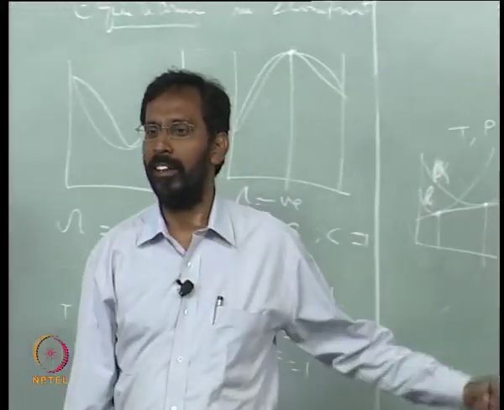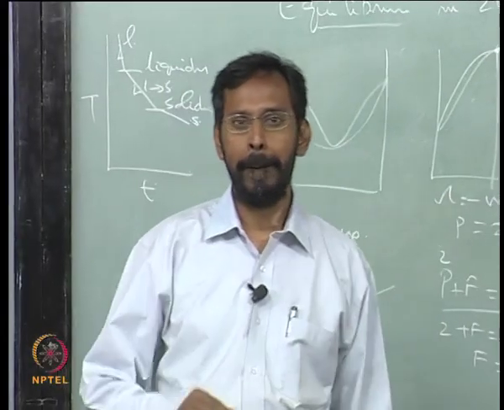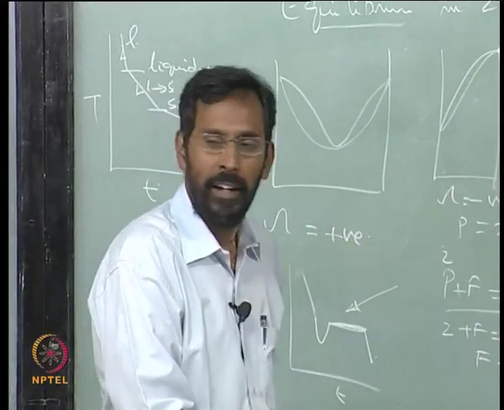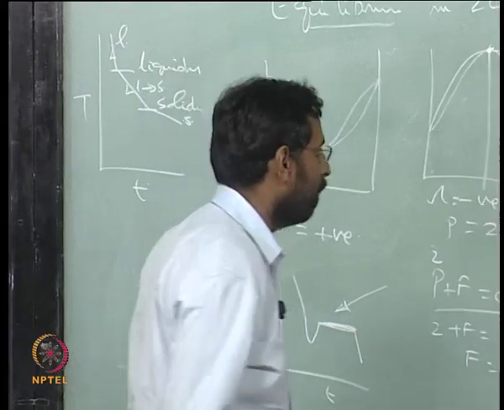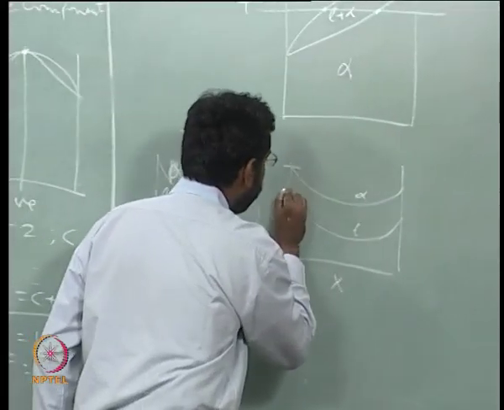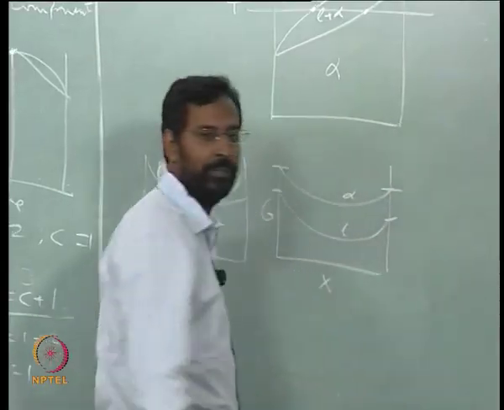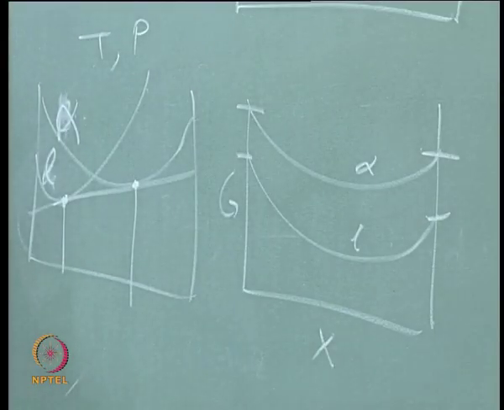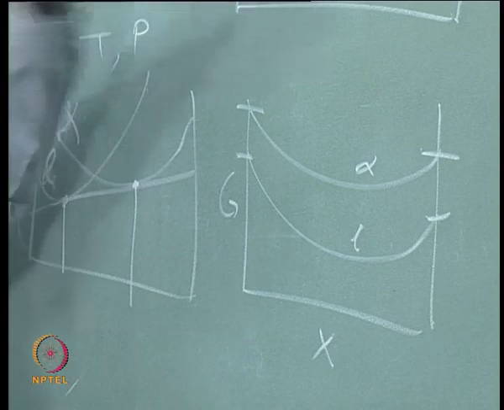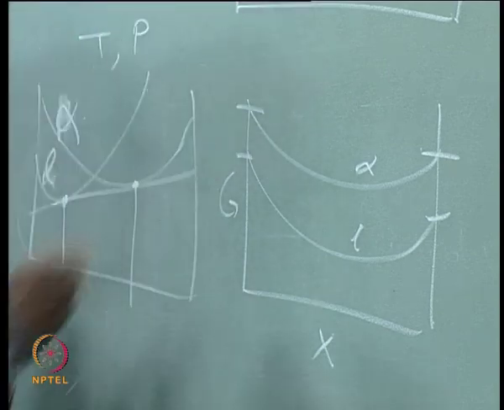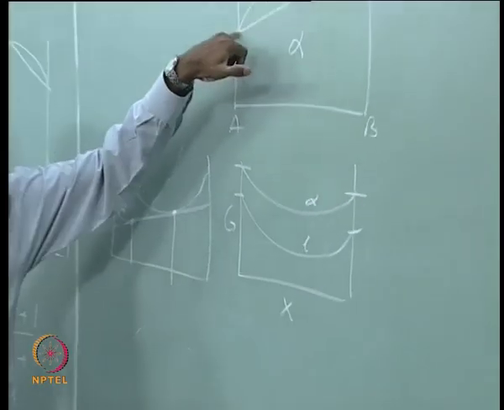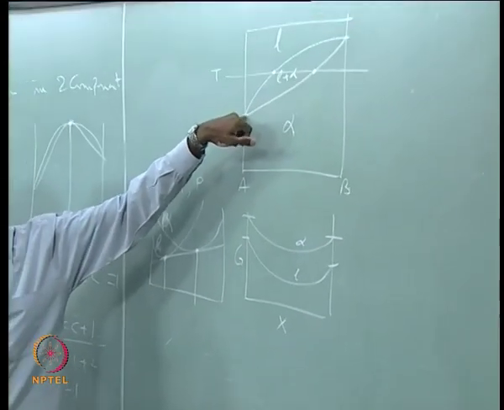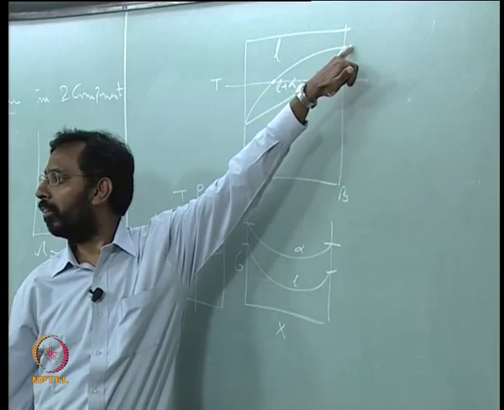Anything more than this that we can get information? Yes, these differences are also important. Why are they important? For example, look at the pure A side and the pure B side. On the pure A side the melting point is very low, on the pure B side the melting point is high.